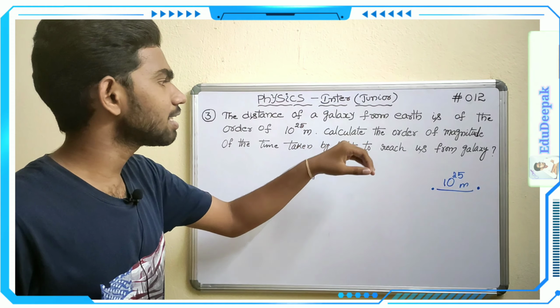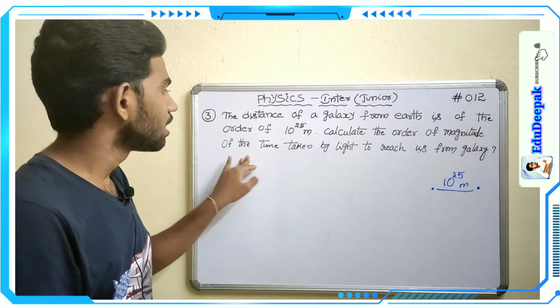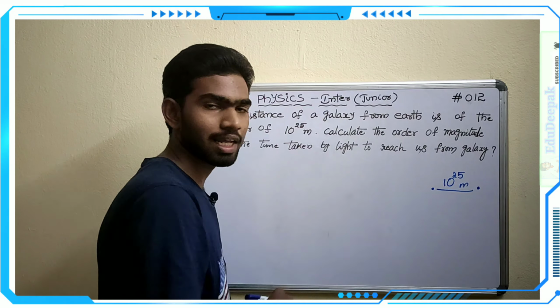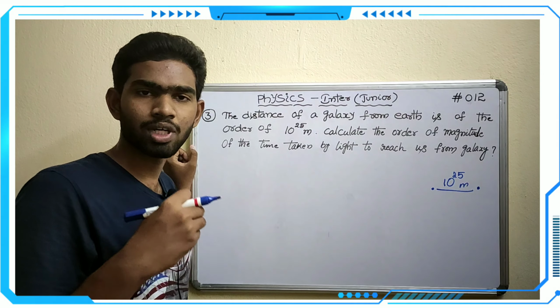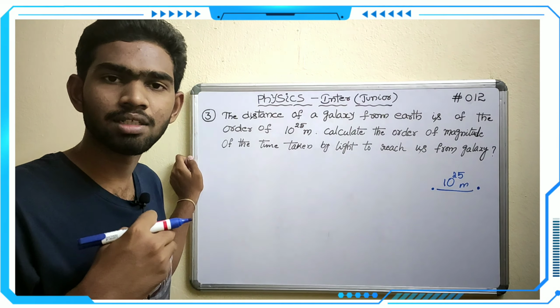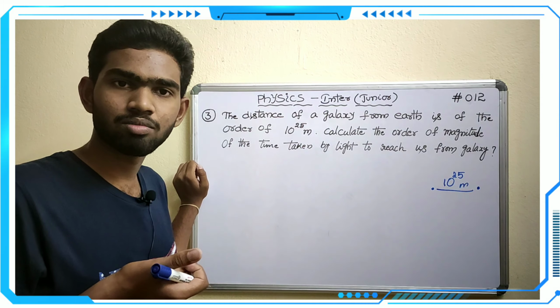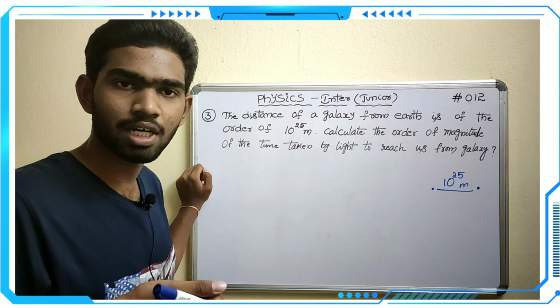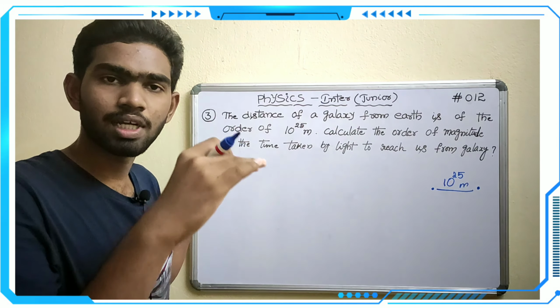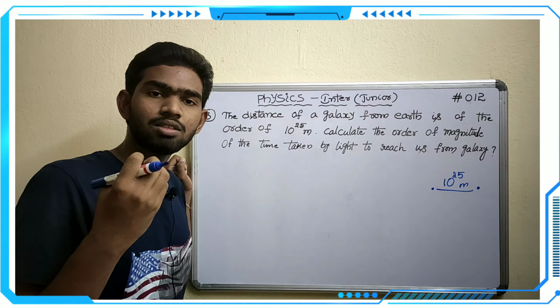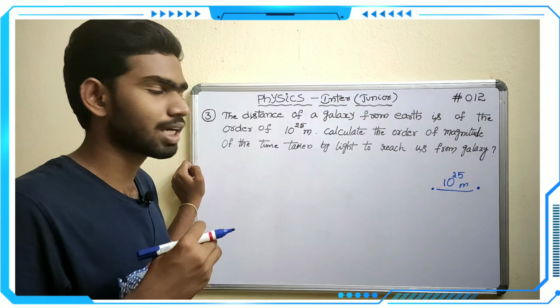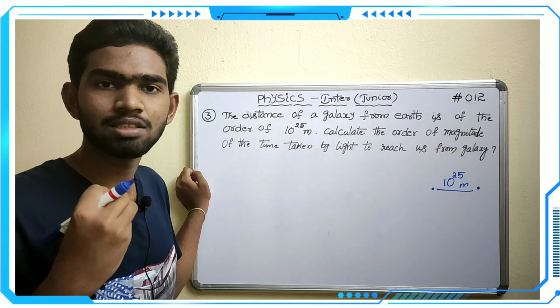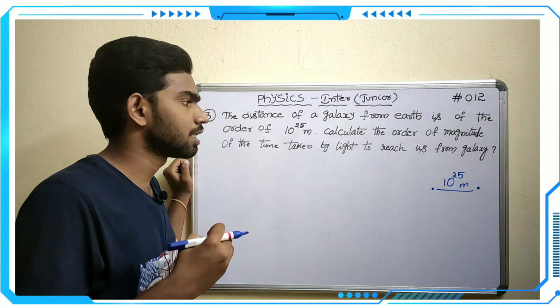The question is: calculate the order of magnitude of the time taken by light to reach us from the galaxy. That means the light is thrown from the galaxy to Earth. So the speed of light we can simply know.